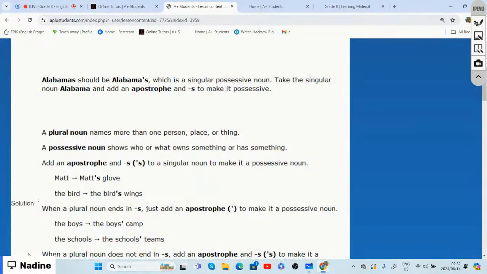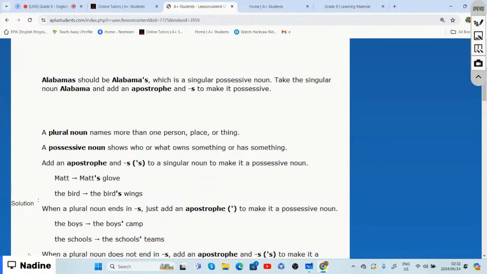And then we have a possessive noun, which shows who or what owns something or who or what has something. We need to add an apostrophe and an S to a singular noun to make it a possessive noun. And we made an example of Matt's stuff, Matt's gloves.